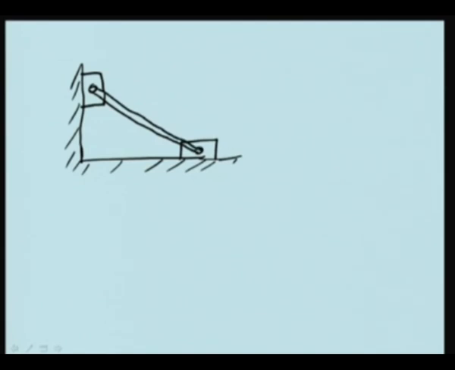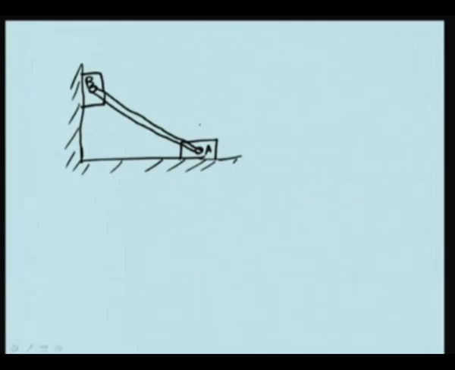This slider is A and this is B. A can slide on the horizontal floor and B slides on the other, perpendicular. Now, if rod AB is joined by pin, you are required to find out the angular velocity of the rod AB.